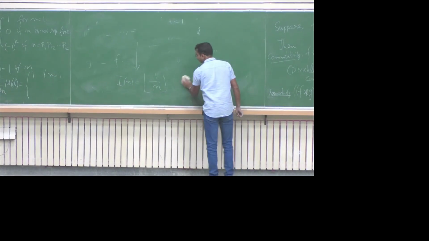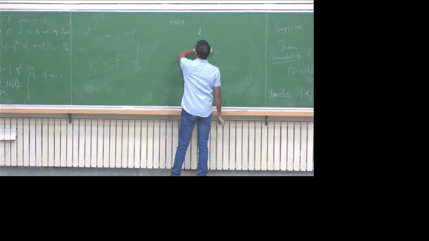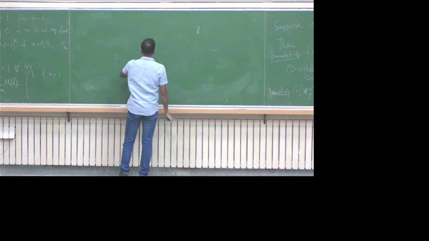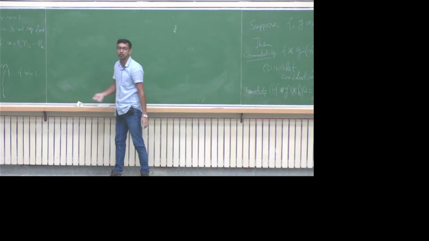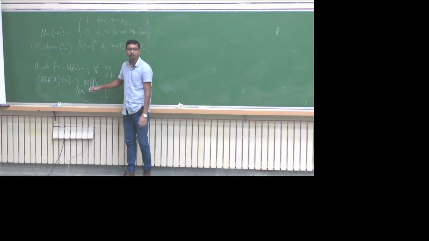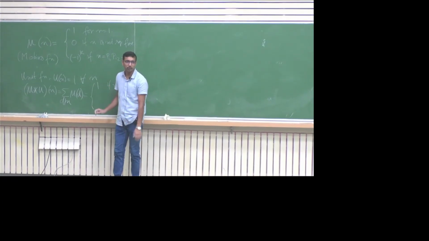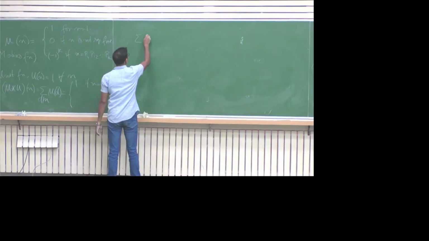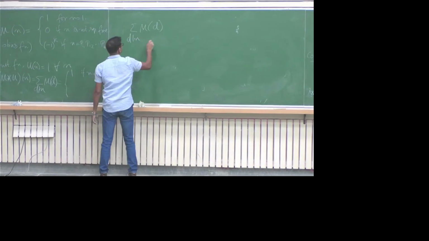We can write mu of d as the product of mu distributed over the prime powers dividing d. And of course, if d is divisible by some square, then it's 0. So all we have to care about are the primes, as long as d is square free. So then mu of d times n, what will it become?